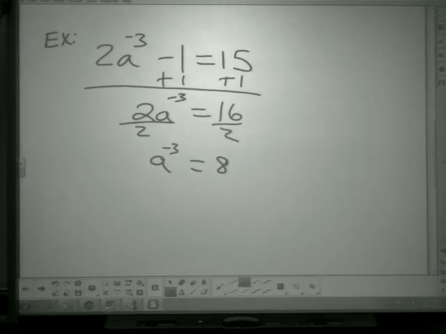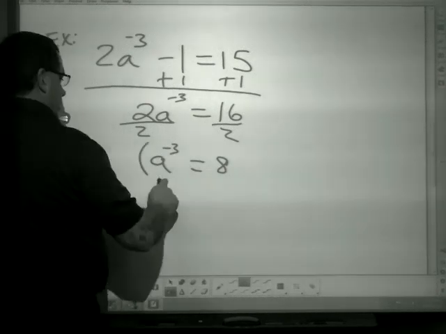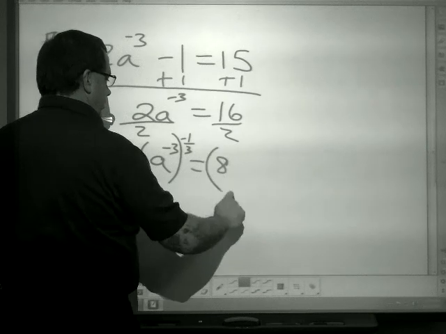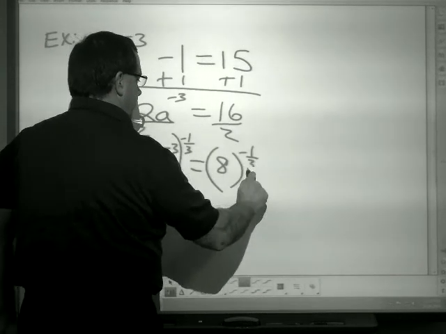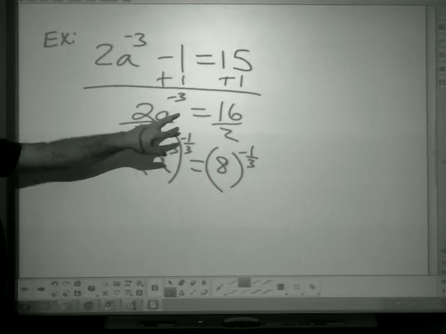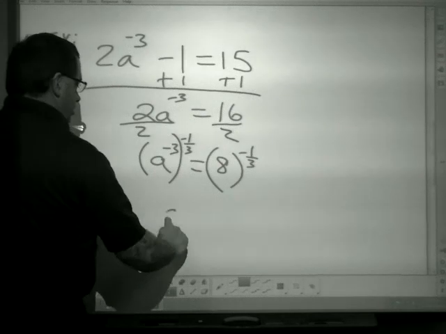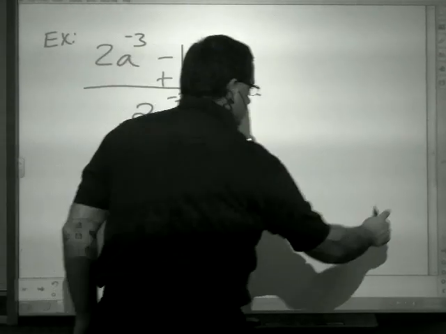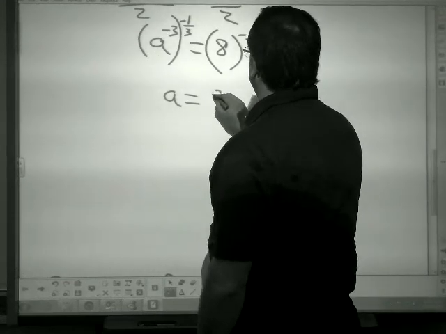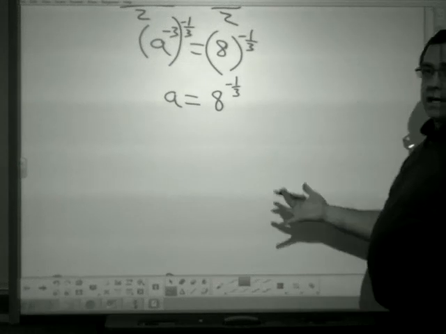So now, again, raise this to the reciprocal. I'm going to raise it to the negative 1/3 power. What's the reciprocal of negative 3? Negative 1/3. So this turns into just a, and this turns into 8 to the negative 1/3. But I don't want to leave it like that.